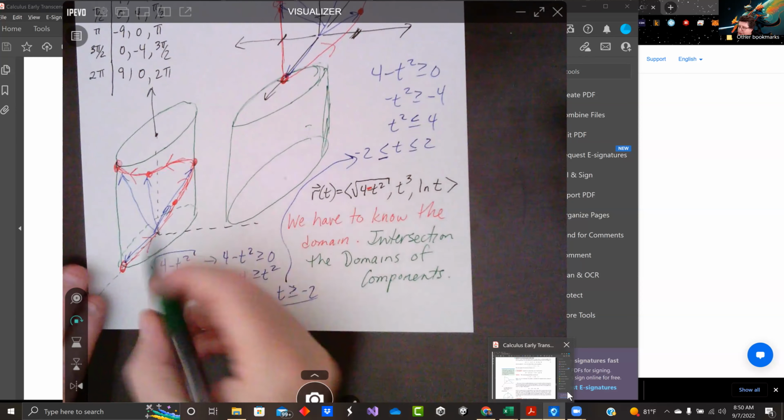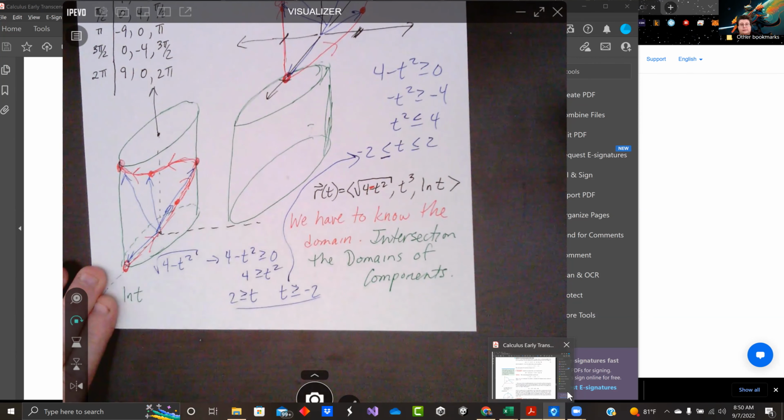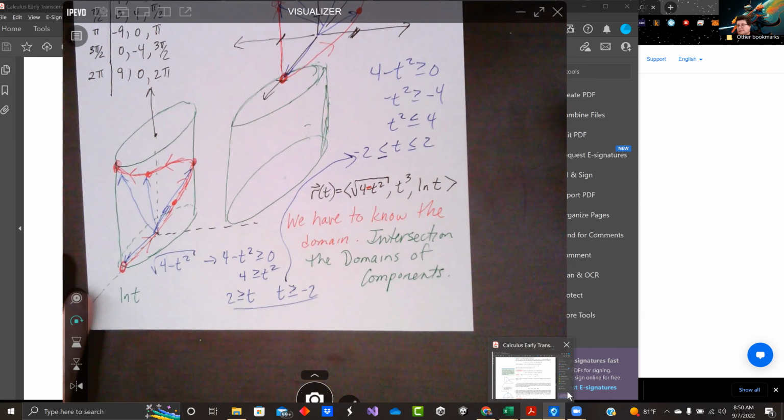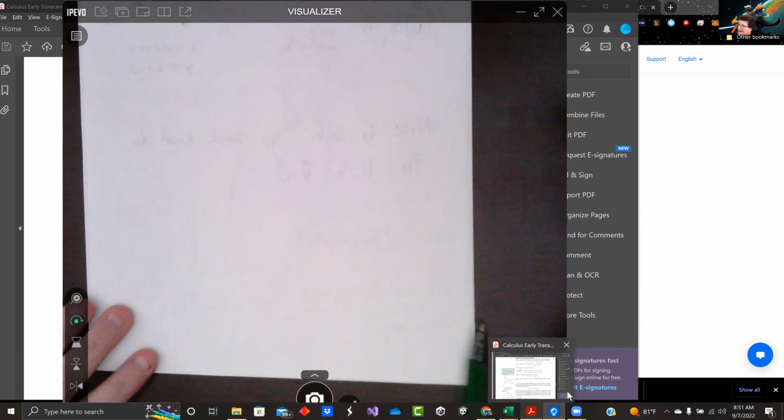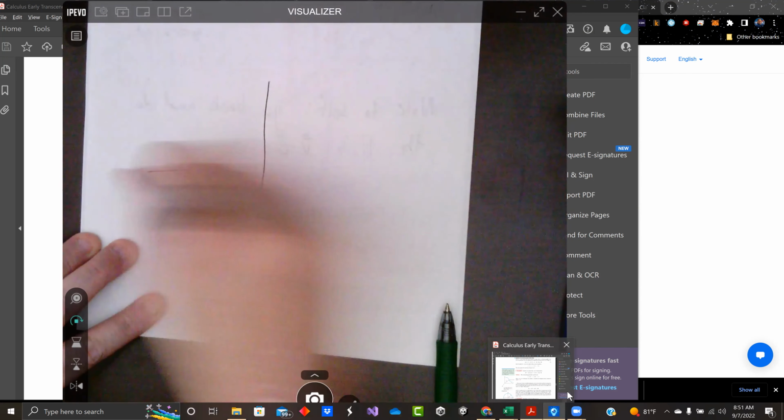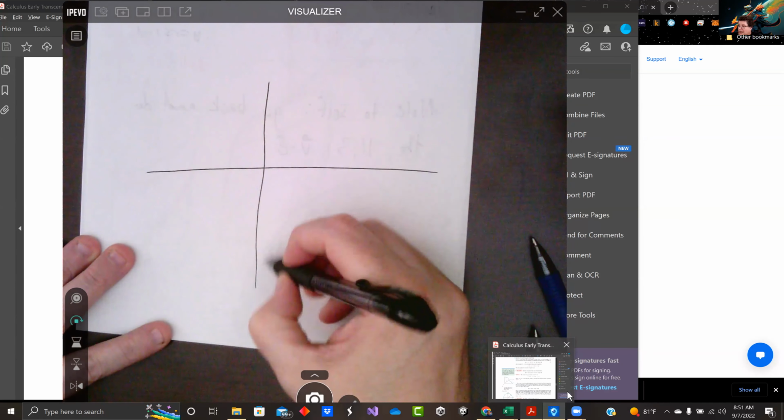What's the domain restriction on natural log of t? Anybody? Do y'all remember the graph of natural log of t? It can't be 0. Can it be negative?